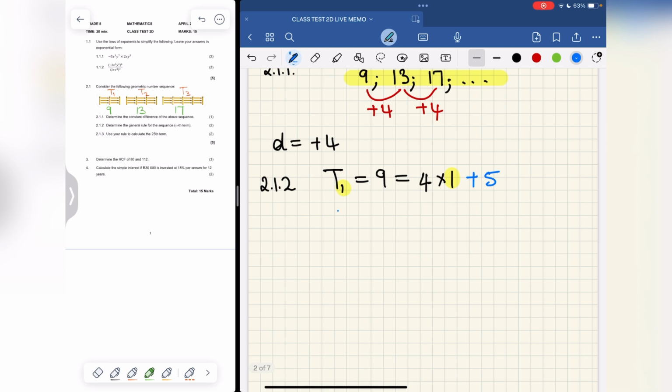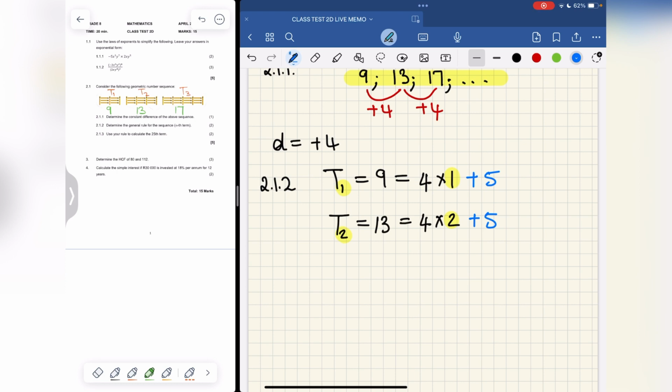Now I'm just going to test this, just to prove that it is the rule that will work. What happens if I do it with term 2? Term 2 is equal to 13. If I take my constant difference and multiply it with 2, which is the position, and if I add 5, 4 times 2 is 8, 8 plus 5 is 13, so it works.